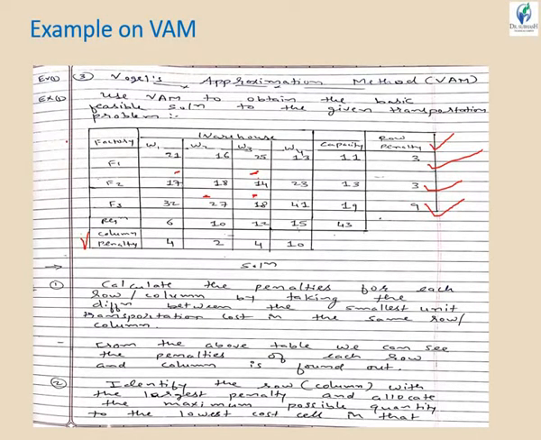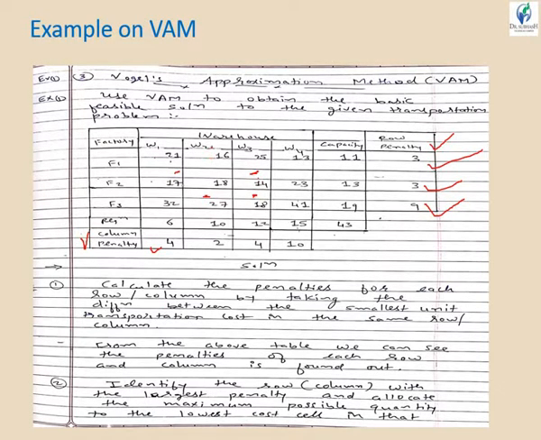Now column penalty is also found out with the same procedure. For column W1 there are 3 values 21, 17 and 32. The lowest value in that column is 17 and the second lowest value is 21. Taking the difference of 17 and 21 will give you 4.